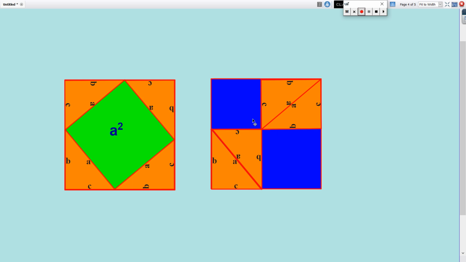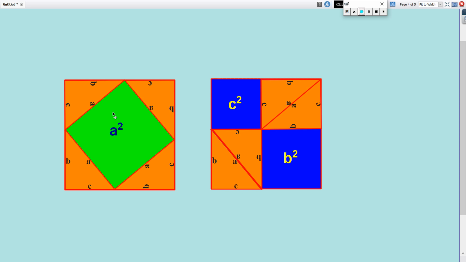Now in the second figure, the uncovered part is of the form of a square of side C and a square of side B. Therefore its area we can write as B square, because side is B, B into B, B square, and C square, C into C, side into side.